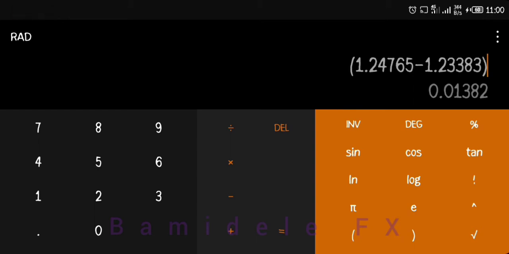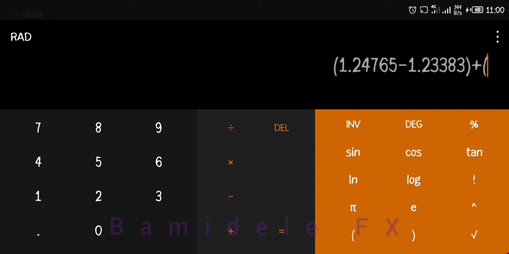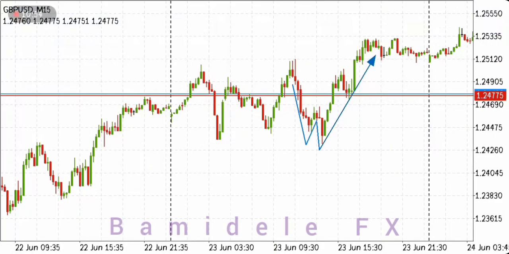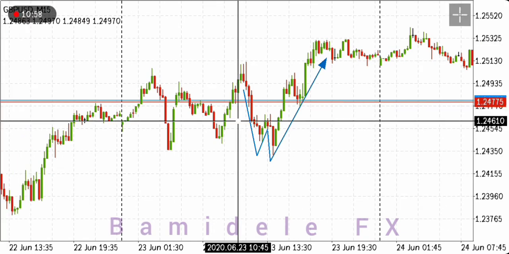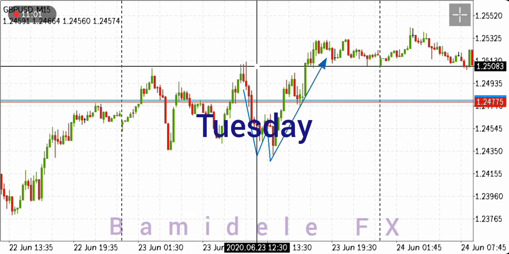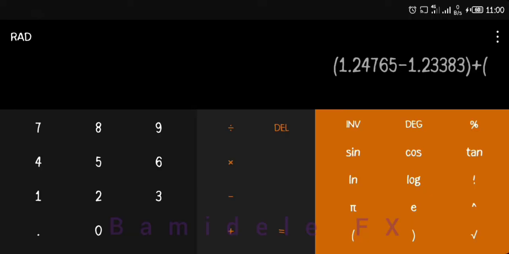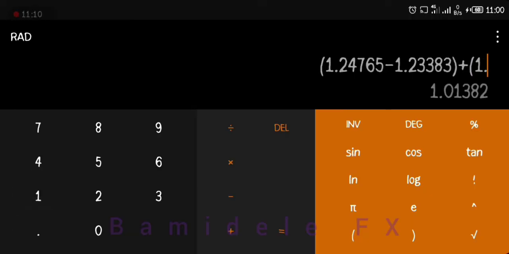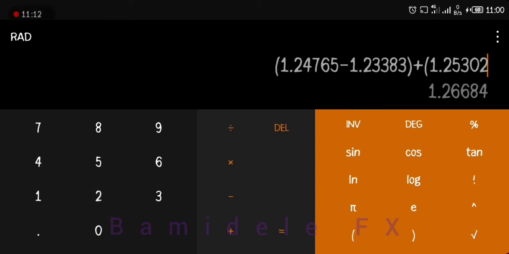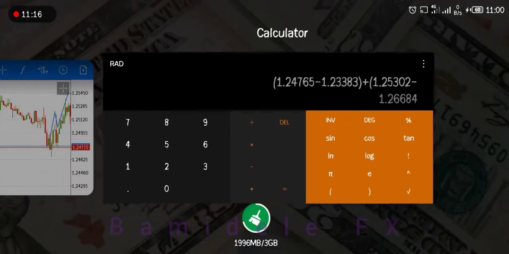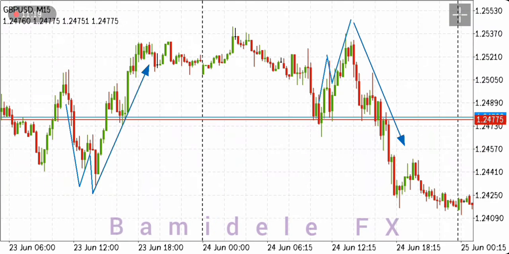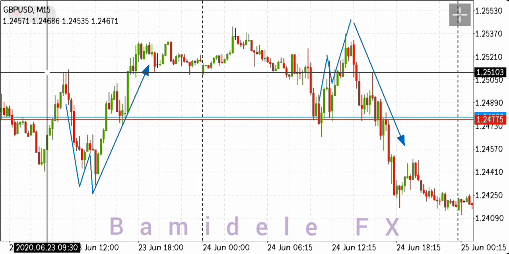Don't forget we are adding it up, so add up for Tuesday. On Tuesday, calculating the ADR manually, the highest of the day for the market's price is what, 1.25302. So put that down, 1.25302 minus, subtracted from the lowest price the market moved for that day.